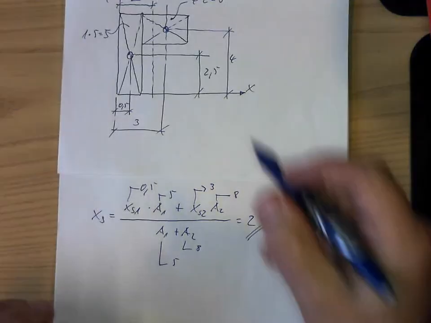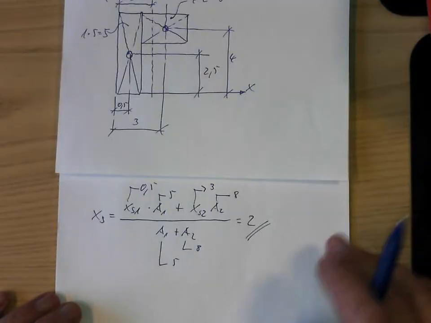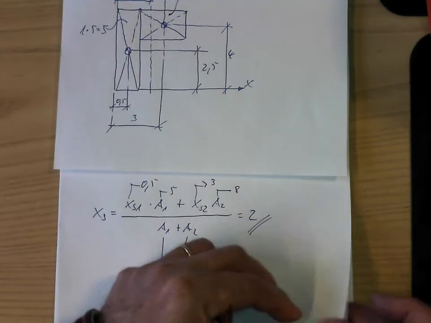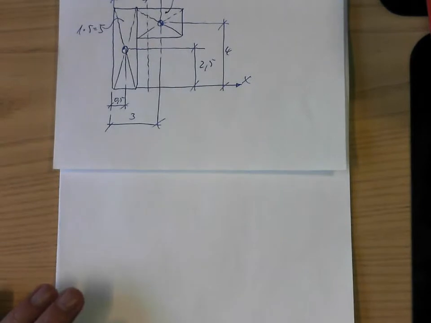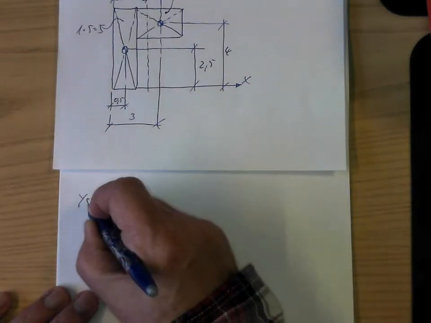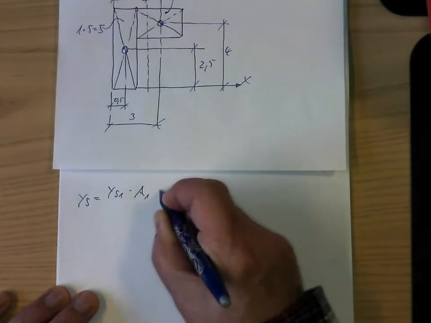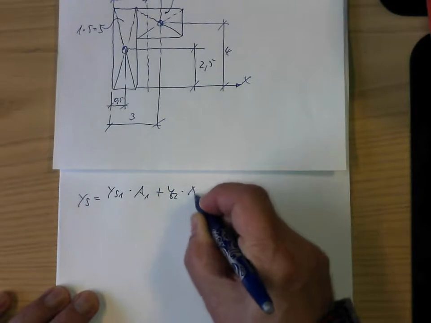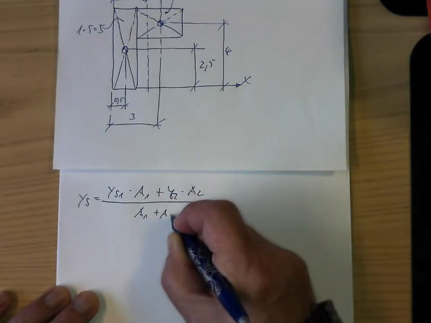Now I have to find the y direction, and I write the same down for the y direction. Let's take a new page here. For the y direction, I write down ys is ys1 times a1 plus ys2 times a2 divided by a1 plus a2.